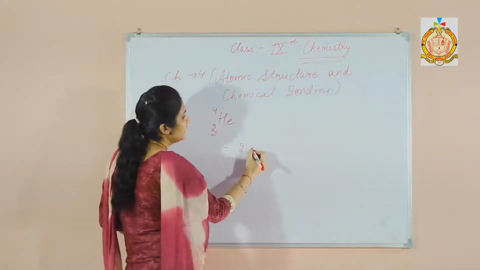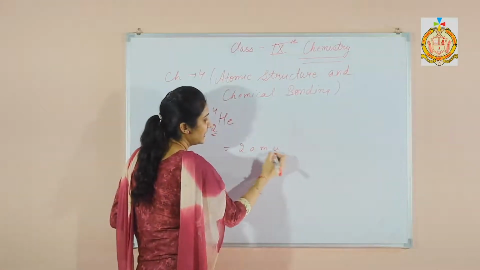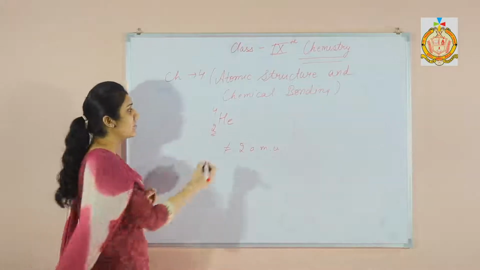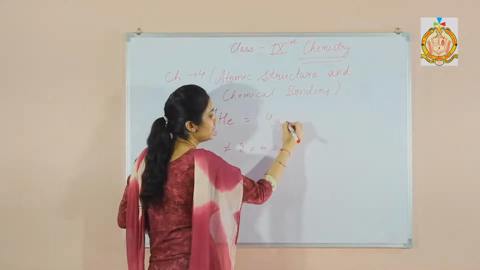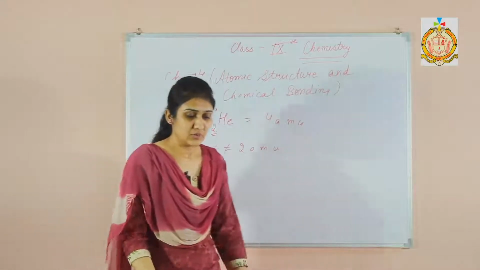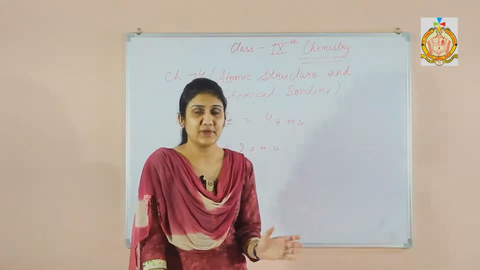So the mass of helium should be 2 AMU, but this is not the case. When observed, its mass was 4 atomic mass units. Right? Now, he took an experiment.